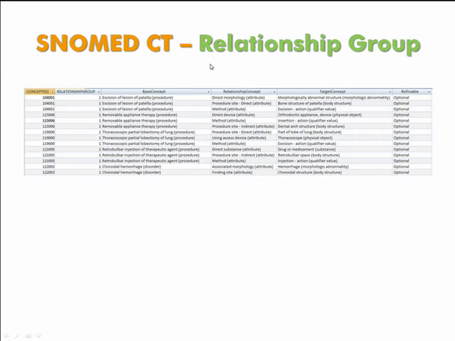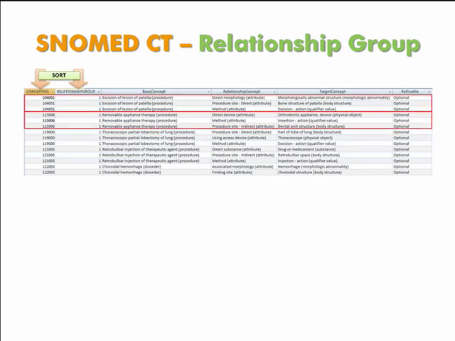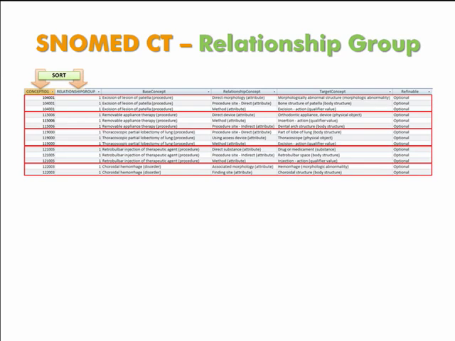Rather, the unique combination of the concept and the relationship group creates that little nugget of relationship grouping. So in this case, these are grouped together under relationship group 1 for this concept. The fact that there's a maximum number of 10 for the relationship group means that there are concepts that are involved in up to 10 relationships.